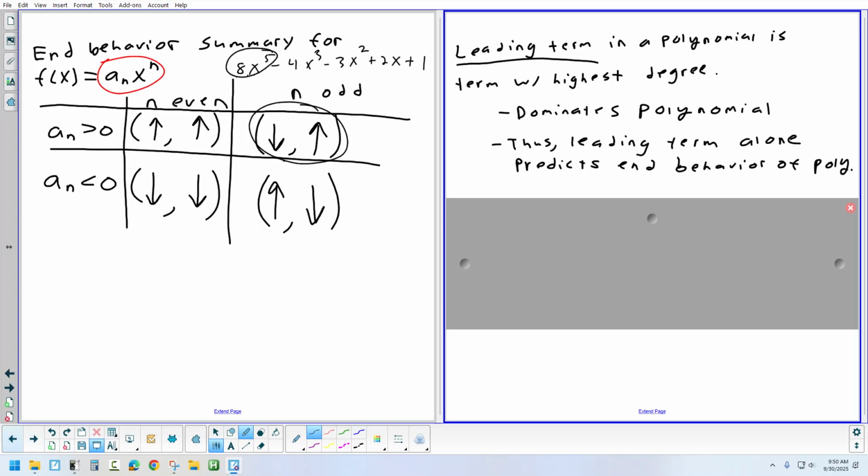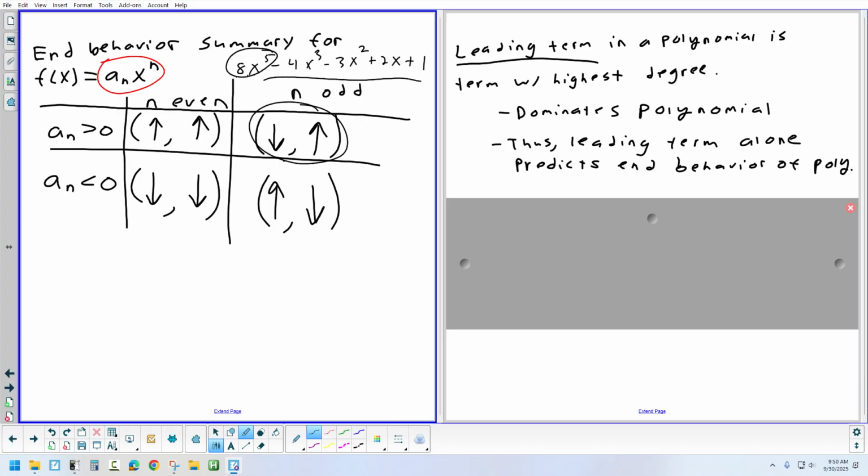Okay, so as far as end behavior, it's all controlled by the leading term. Think of that leading term. It controls the entire polynomial's end behavior. None of the other terms matter. Just the term with the highest exponent.